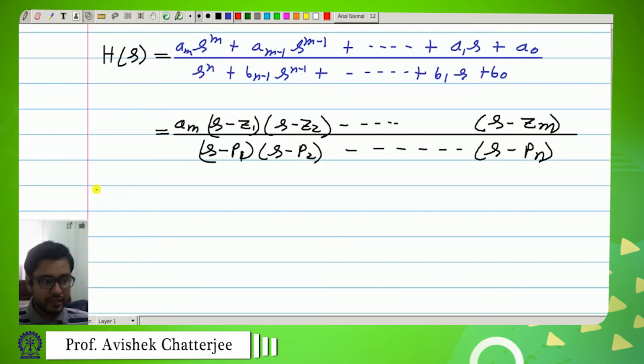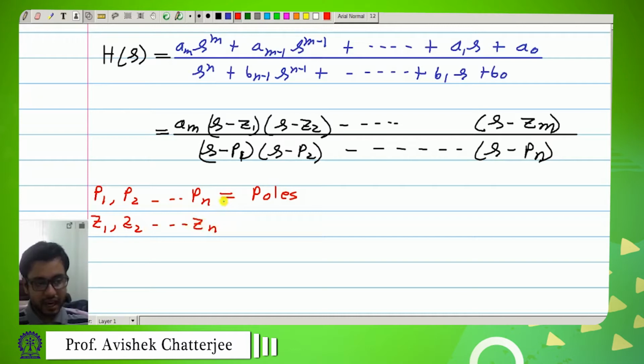Now you know that p1, p2, pn are called poles of this transfer function, and similarly z1, z2, zm are called the zeros of this transfer function. So this factorization is step number 1.